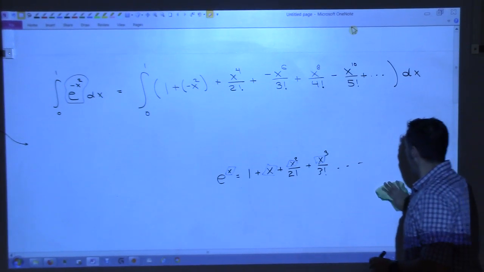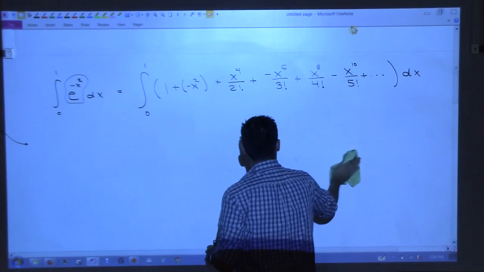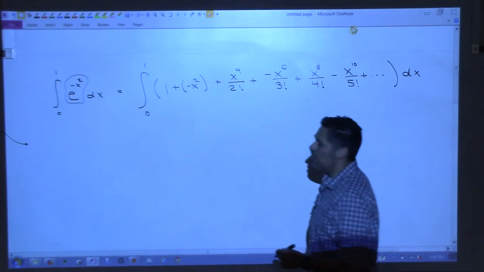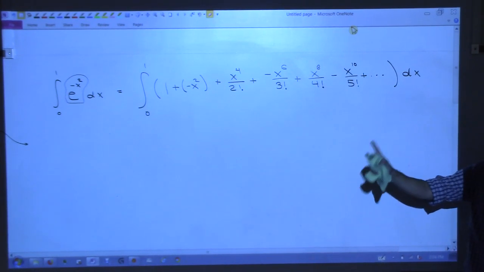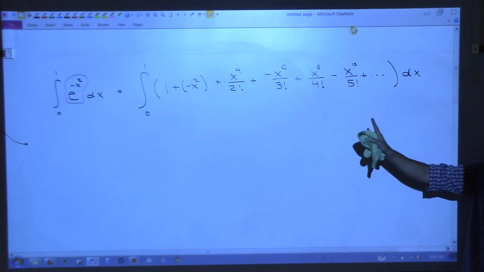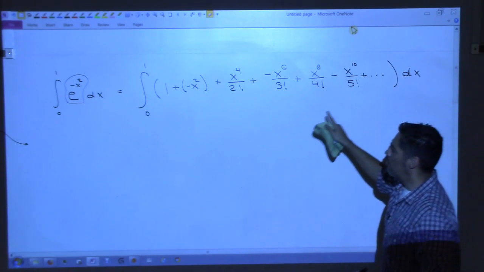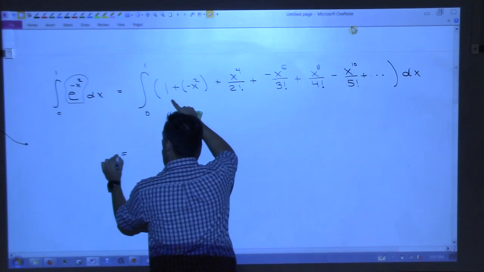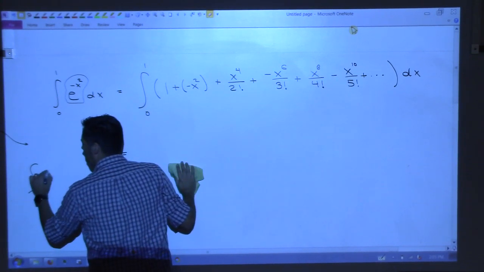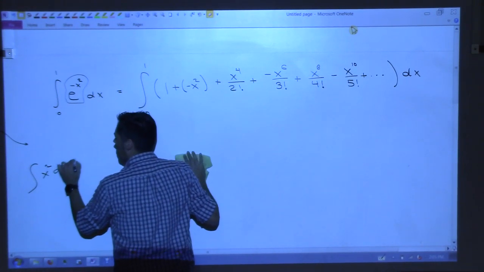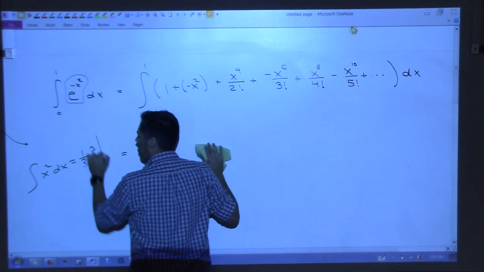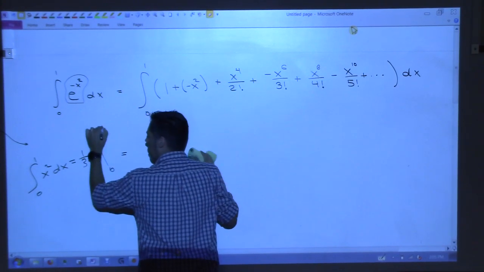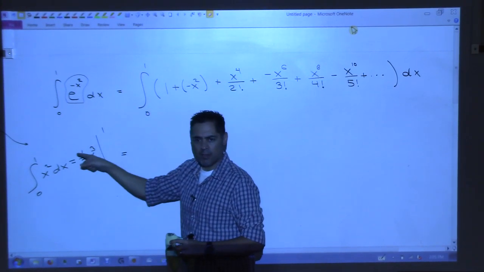Now, the great thing about this is that we can integrate this term by term. So this should be equal to, remember how we did this when we had the integral of x squared dx? We would say 1/3 x cubed, and then we put the bar there, 0 to 1, and then go 1 and then 0 like that.